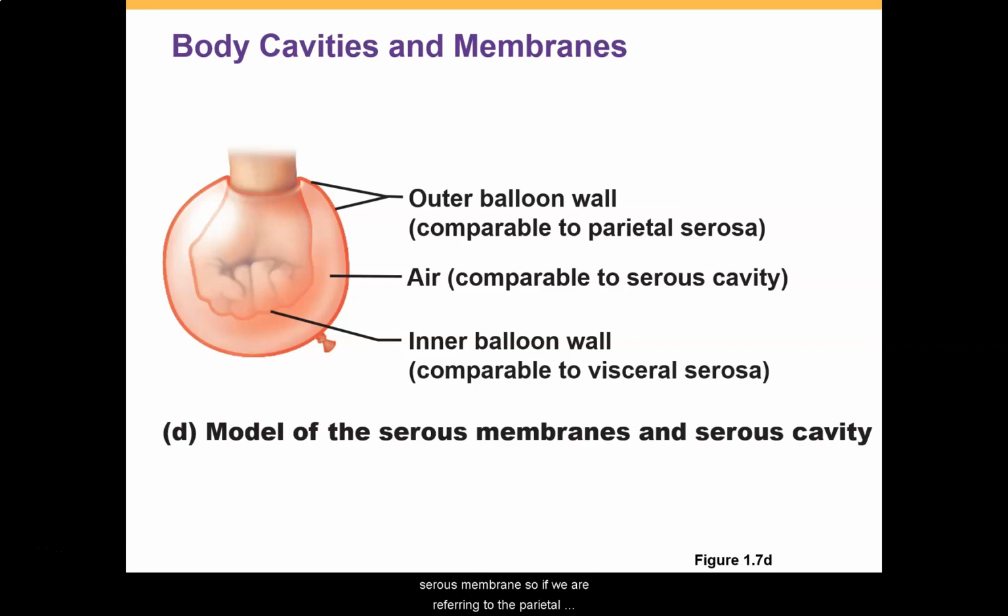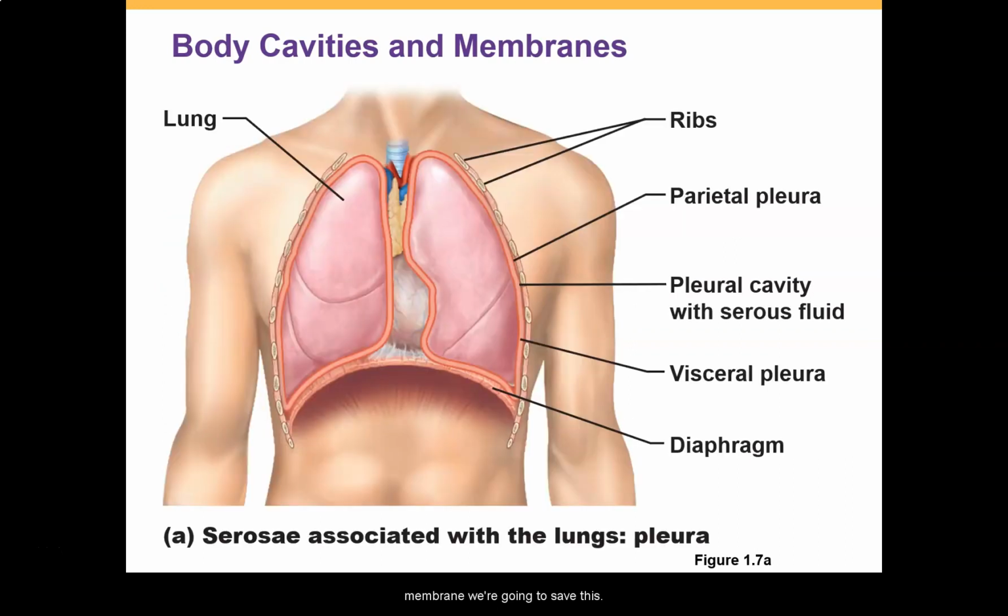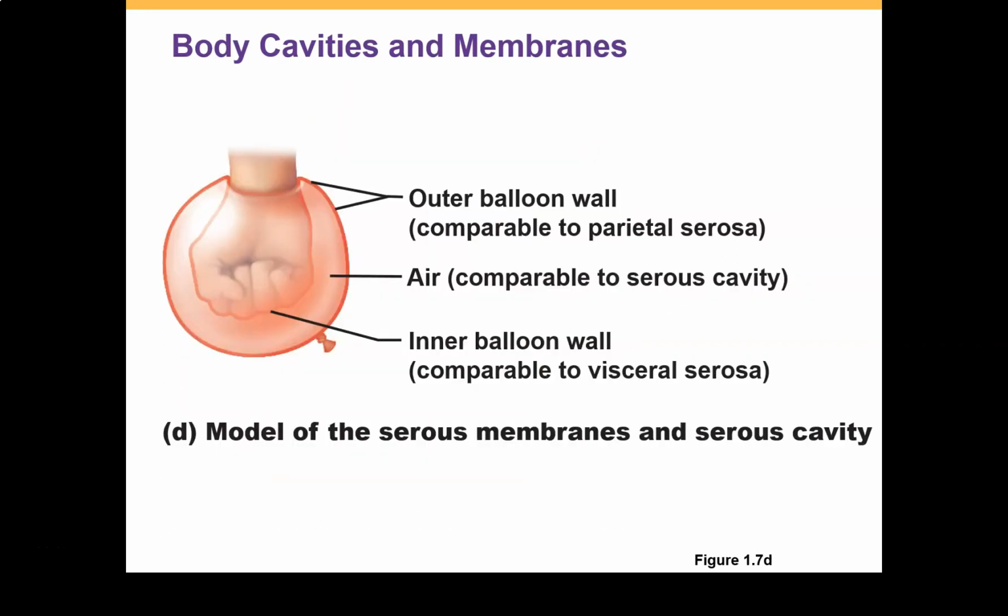So if you want to refer to the deep layer of a serous membrane, we're going to say visceral. But we're going to add the name of the serous membrane that we are talking about.